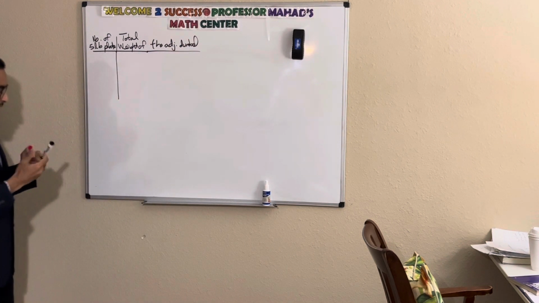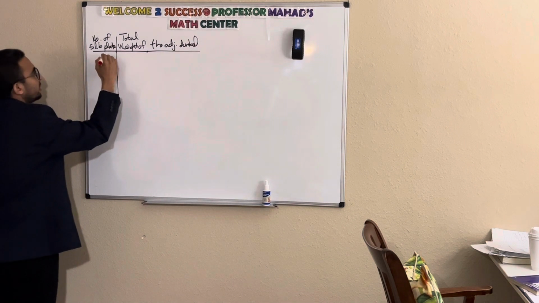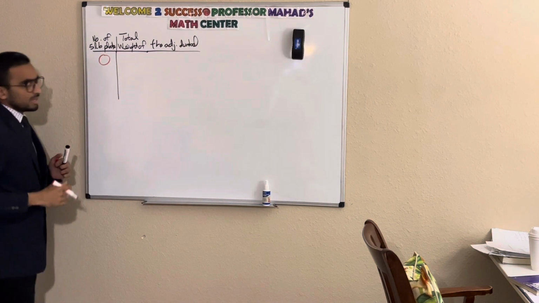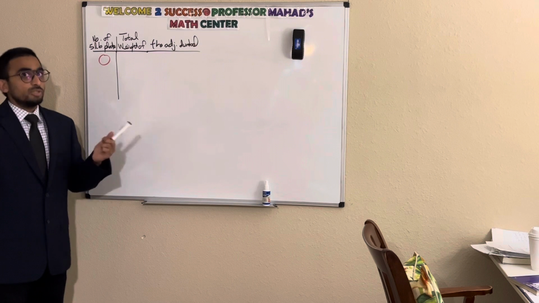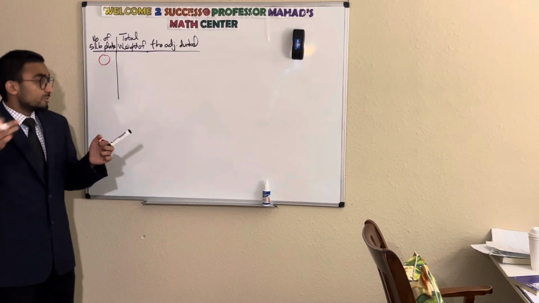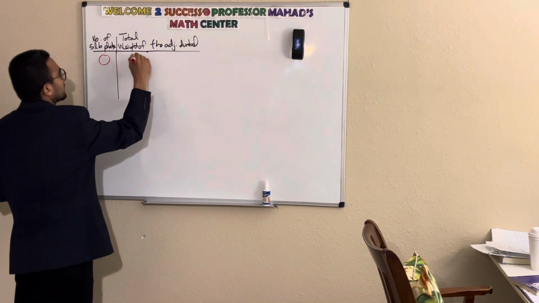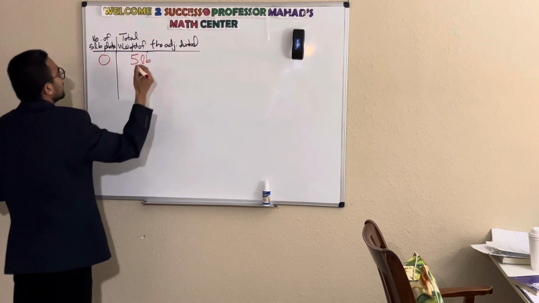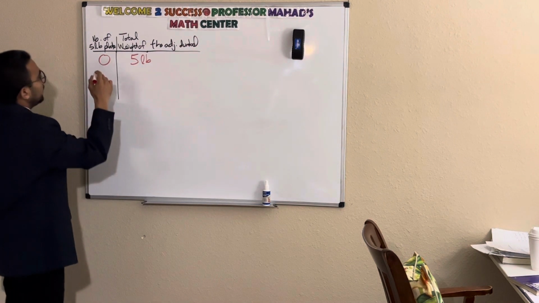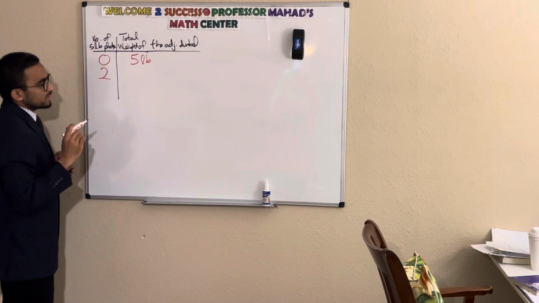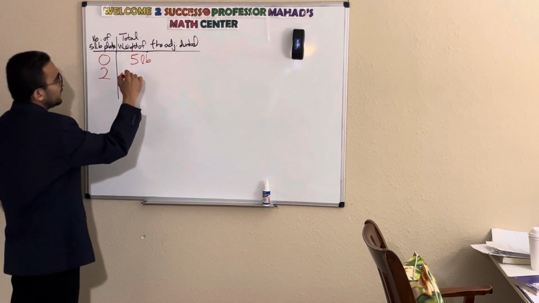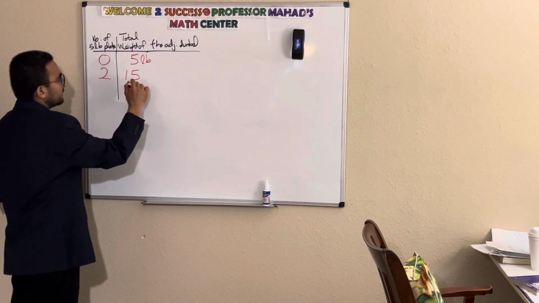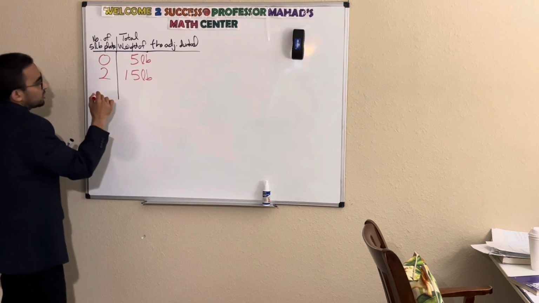When I have no plates on the bar, what should the weight be? The weight of the rod and the tighteners, which is 5 pounds. As I add 2 plates, what is the weight? It should be 15 pounds, right? And so on.